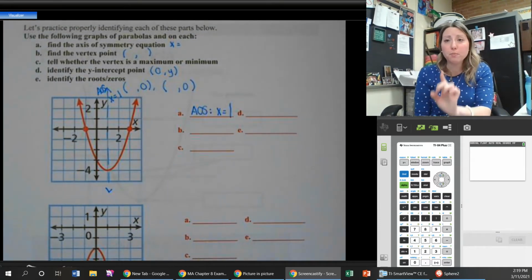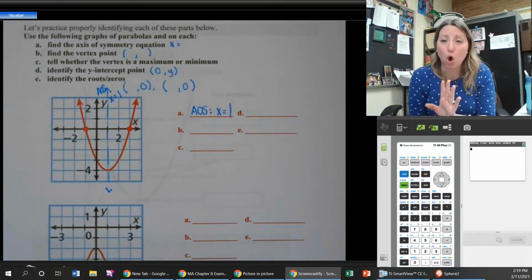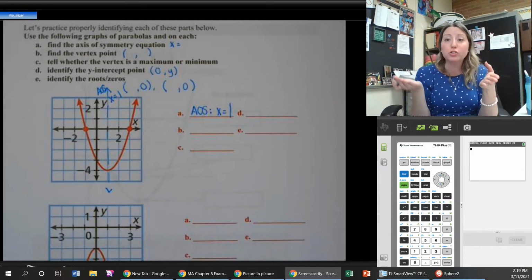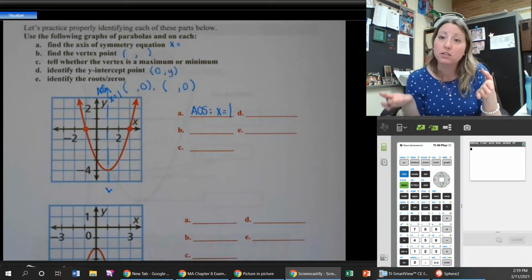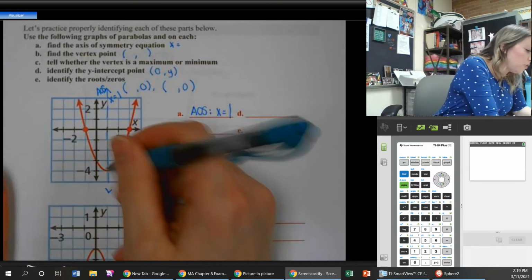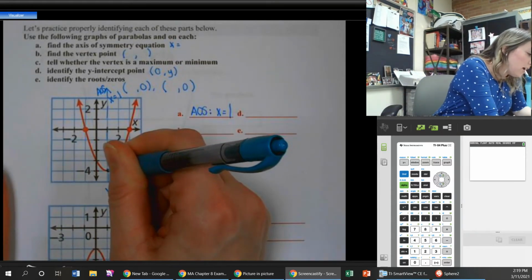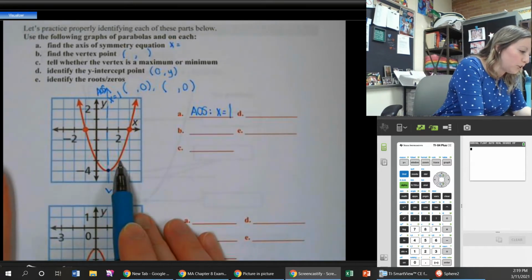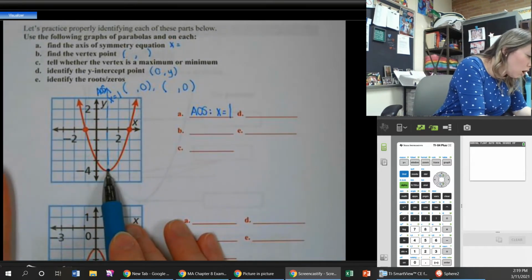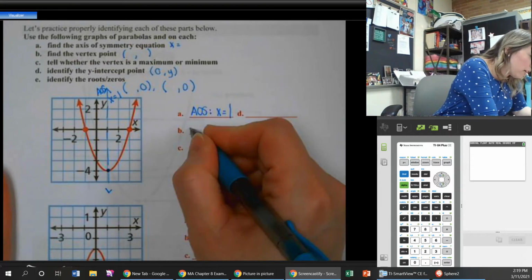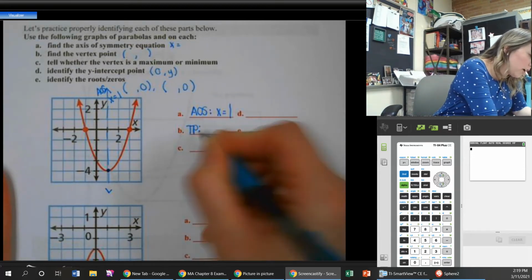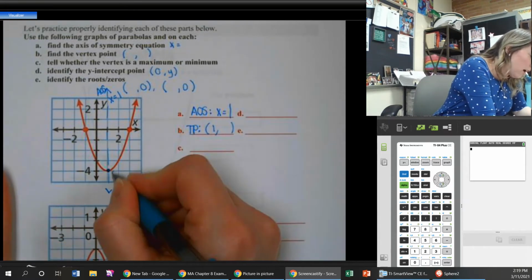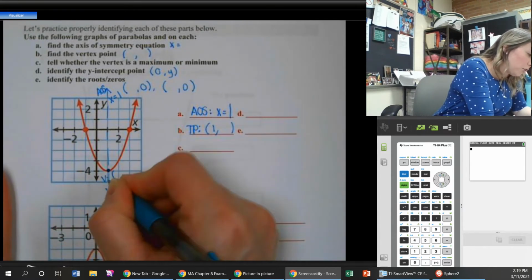Now, the turning point or vertex is always on the axis of symmetry, which means it shares an x value with the axis of symmetry. So this point right here is on the axis of symmetry and is the turning point of this parabola. So the value of this point, and I'll abbreviate TP, right? The value of this point for x is definitely 1 because it's right on the axis of symmetry, or you can do V, right?